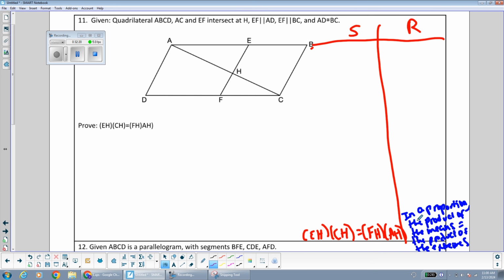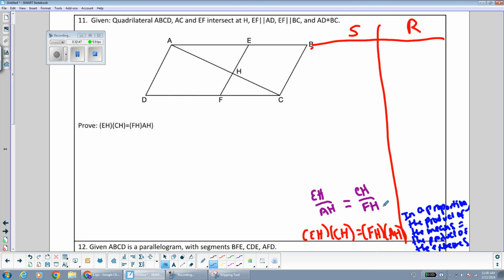Now, this reason mentions a proportion. So to get this product, we first need to have a proportion. So what we're going to do is take the four segments here and order them into a proportion, and we're just going to double check that the proportion we make cross multiplies to give us the product that we're proving. So I'm just going to put in EH, AH, CH, FH, and let's just double check.